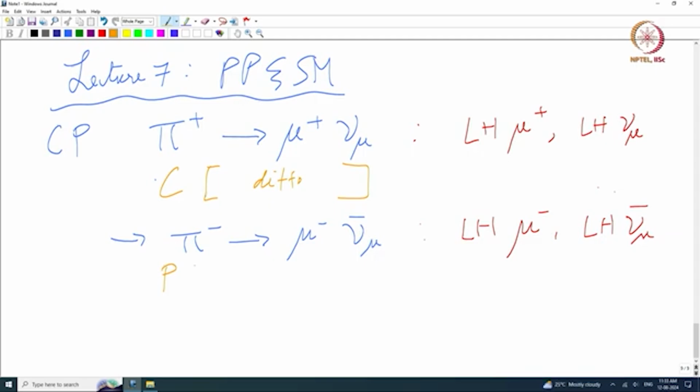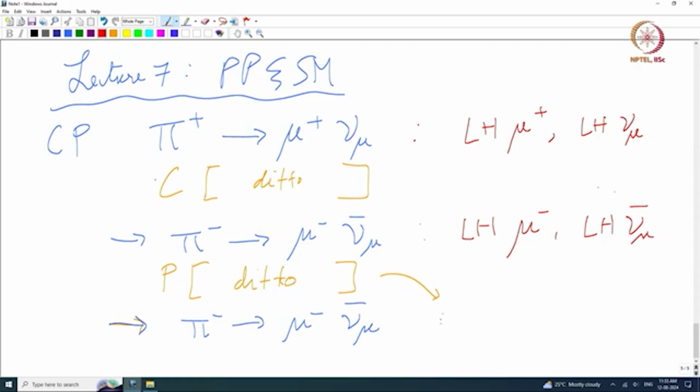I am going to apply parity to this entire process. Then what happens? I still have the pion, obviously parity does not change any of these quantum states. So I am still going to write down the same process, but the real change has happened here now, right.